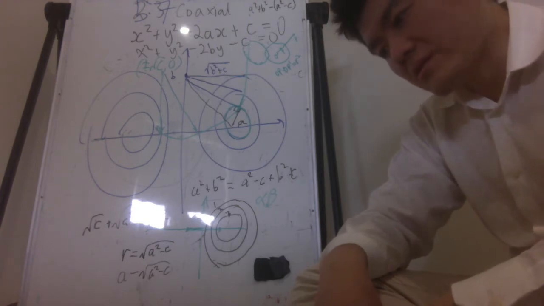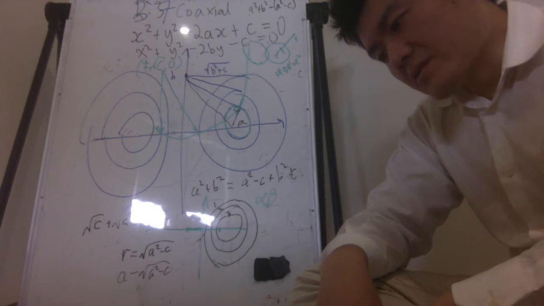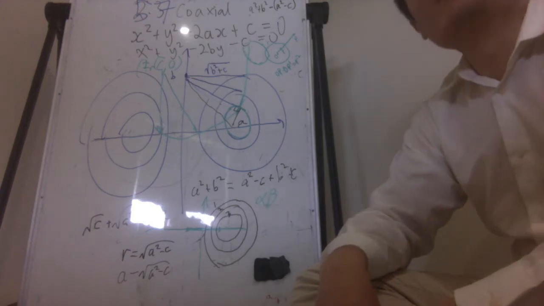So in other words, alpha beta consists of all circles orthogonal to any two circles orthogonal to alpha and beta.